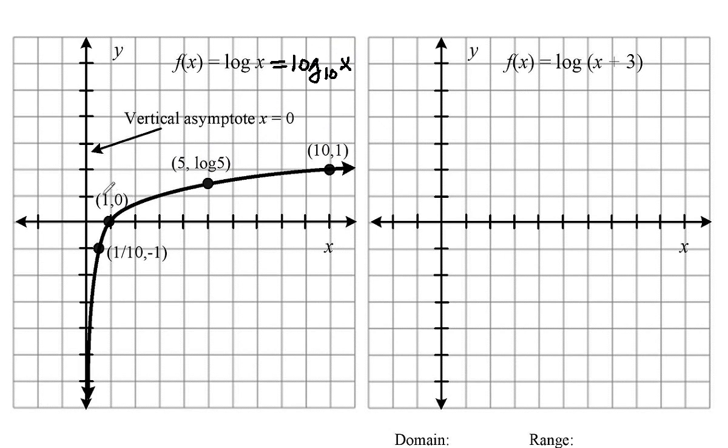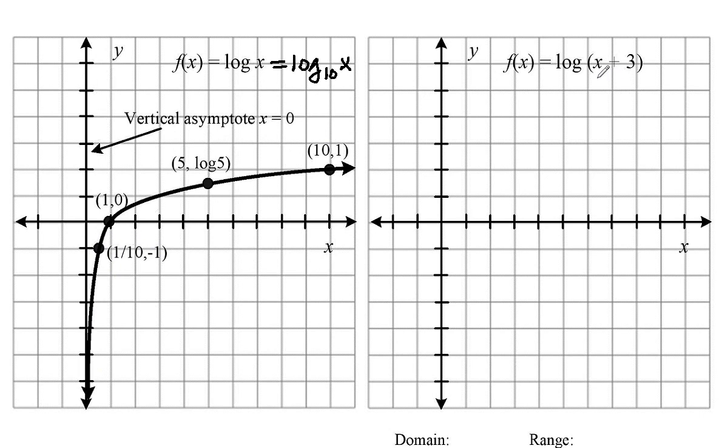If you plug 1 in, the exponent over 10 that gives 1 is 0 here. 10 to the 0 is 1. So if you do 10 to the y-coordinate, you get the x-coordinate. That's the same relationship as logs. 10 to the negative 1 is 1/10, so that gives the point 1/10 to the right, down -1. So there's our log function. And our vertical asymptote is x equals 0, the y-axis.